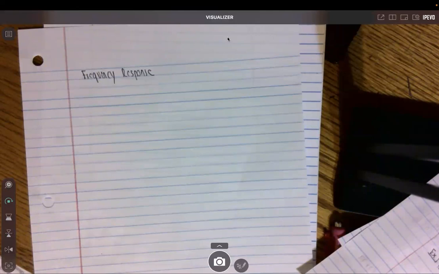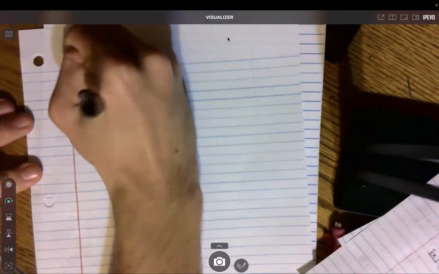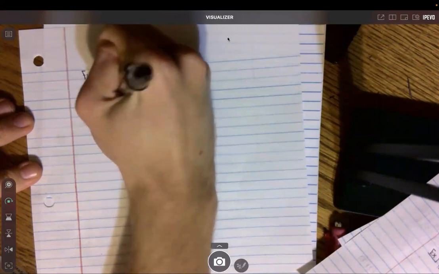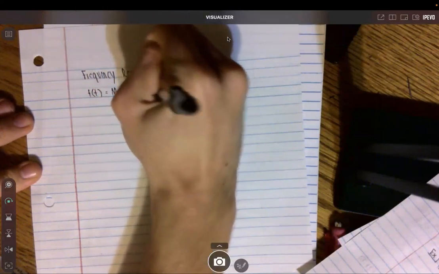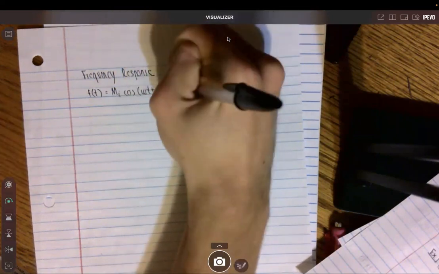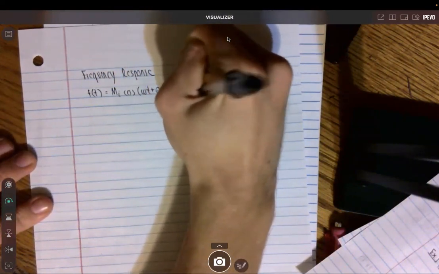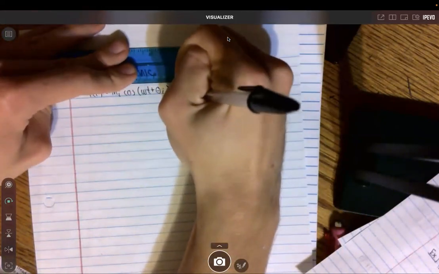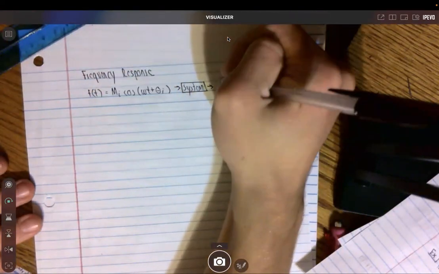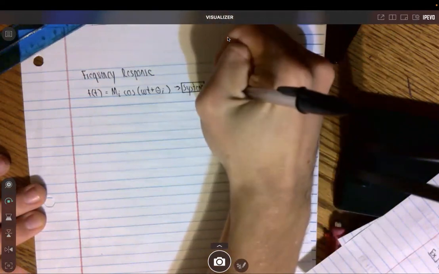So when you have specifically an input to a system, so say that your input f of t is equal to an initial magnitude times cosine of omega t plus an initial phase angle, and it passes through a system. The biggest thing you're going to notice at the output of this system is that your frequency doesn't change at your output.